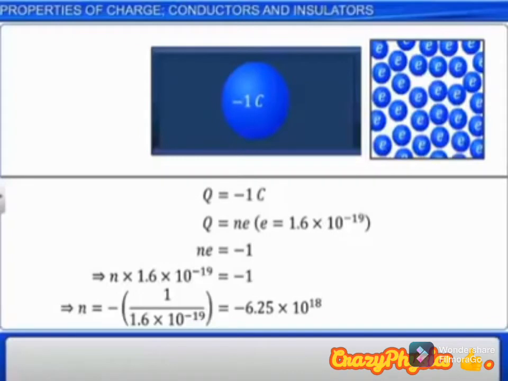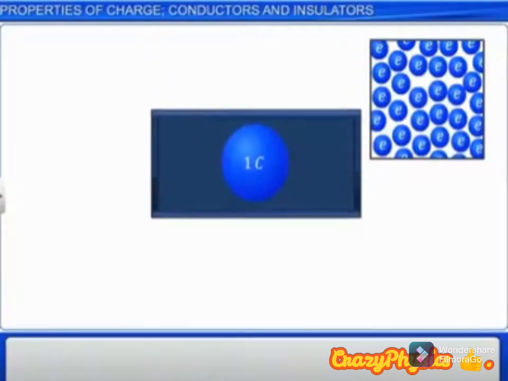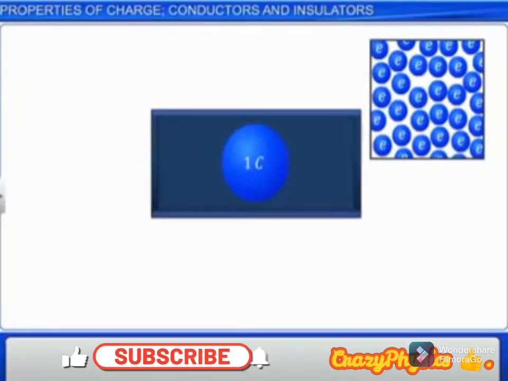This is a very large number of electrons. In the practical examples we have seen for charging a body, we deal with bodies possessing a charge of about a few microcoulomb. The charge of microcoulomb, that is, 10 to the power of minus 6 coulomb, is very large compared to the basic unit of charge e.